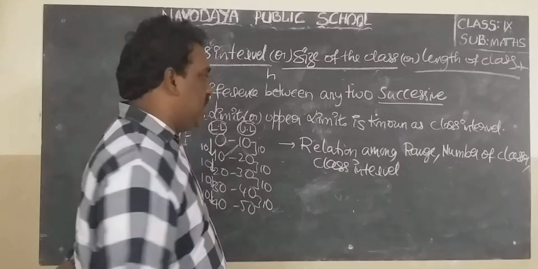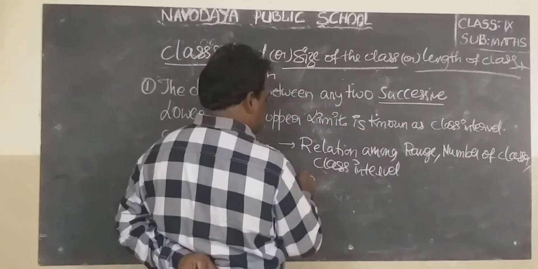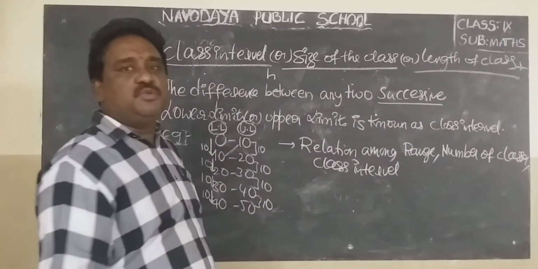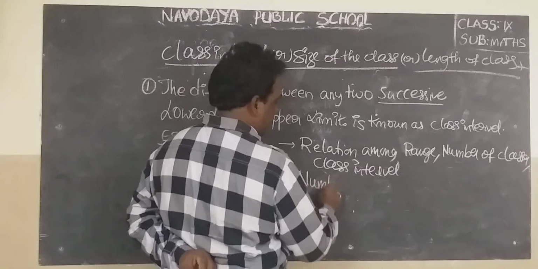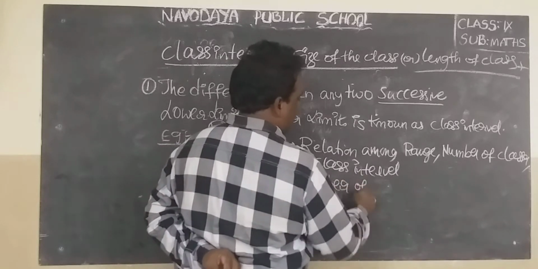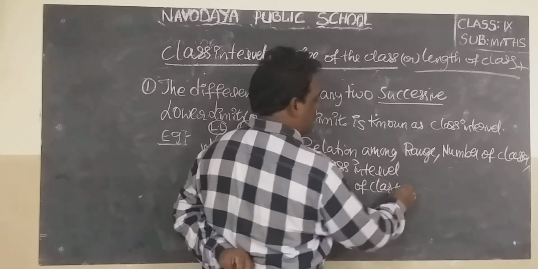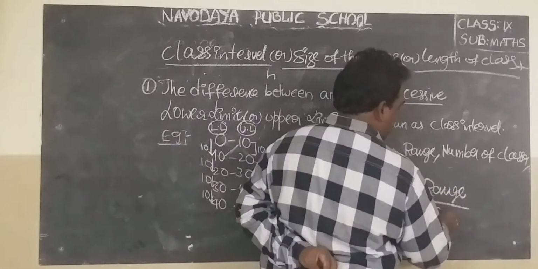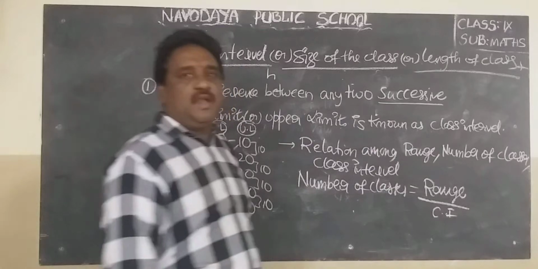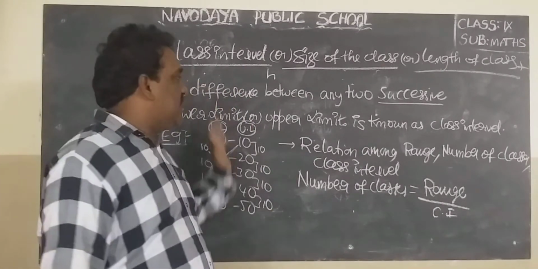Then what is the formula? Number of classes equals range by class interval. Number of classes equals range by class interval.